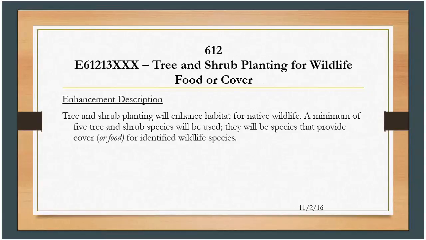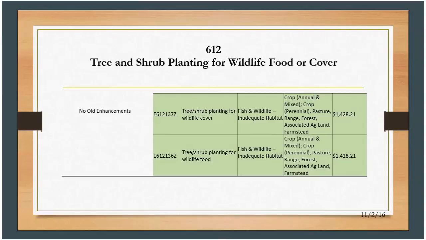The description for these enhancements is tree and shrub plantings that will enhance habitat for native wildlife. Specifically, a minimum of 5 tree and shrub species will be used, and they will be species that provide food or cover for identified wildlife species.